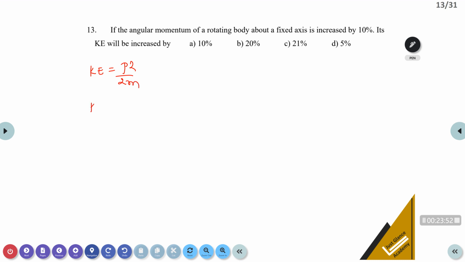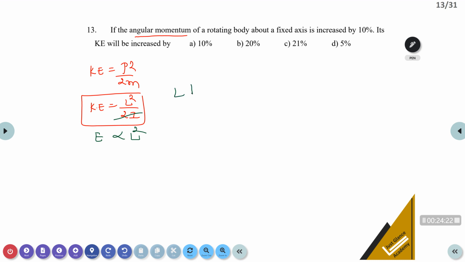In rotational motion, kinetic energy equals L square divided by 2I. Here the only variable quantity is angular momentum, so E is directly proportional to L square.